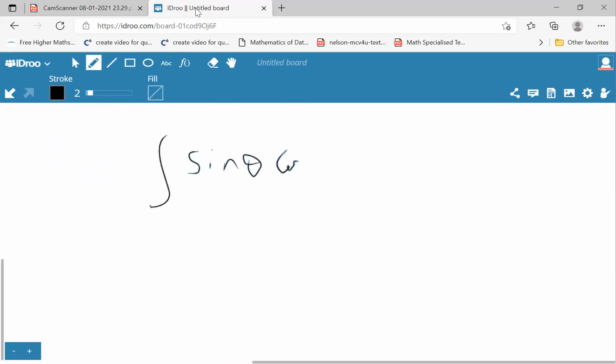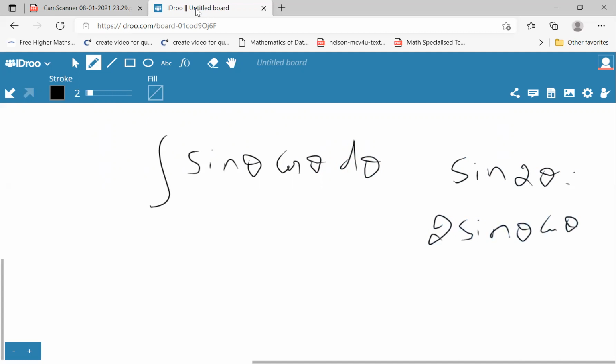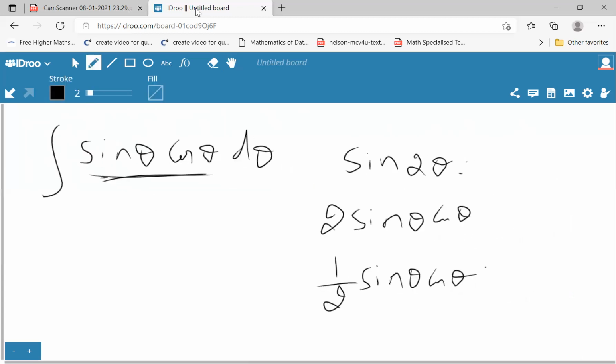Sine 2 theta is nothing but 2 sine theta cos theta, but you have only sine theta cos theta here.